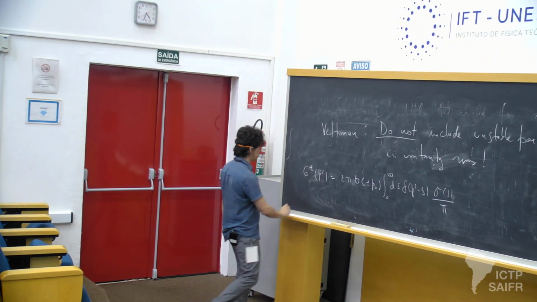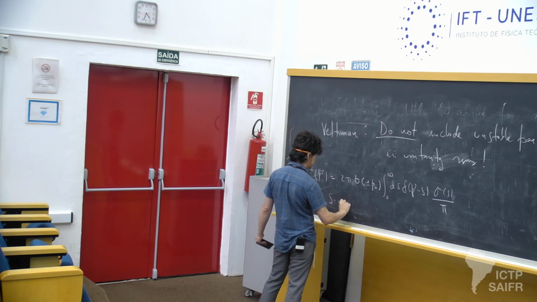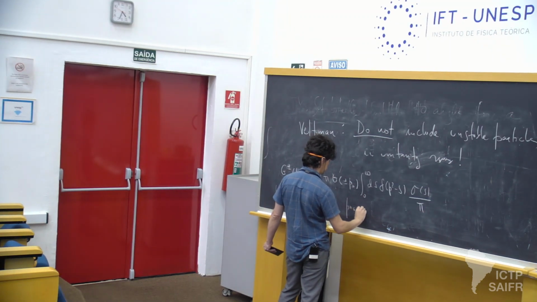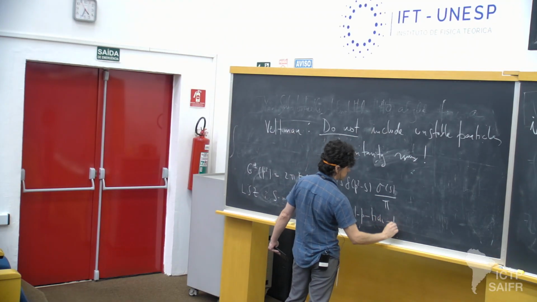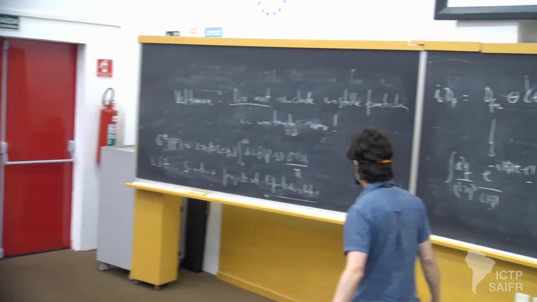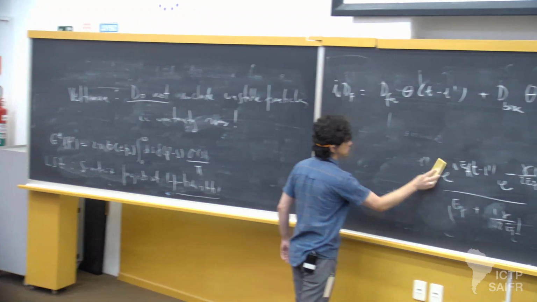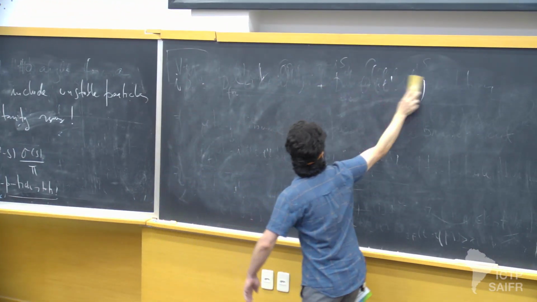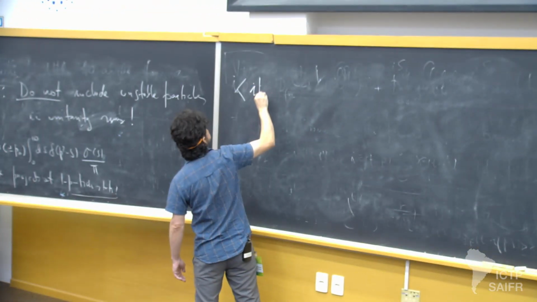But the LSZ reduction formula tells us that the S matrix just projects out one-particle states. How is that? If we remember the formula for a given S matrix element for a scalar field, say, it has this form, right? So the LSZ reduction formula is something like this.